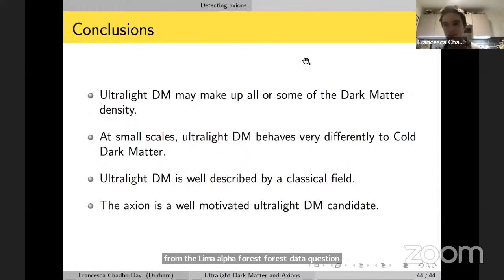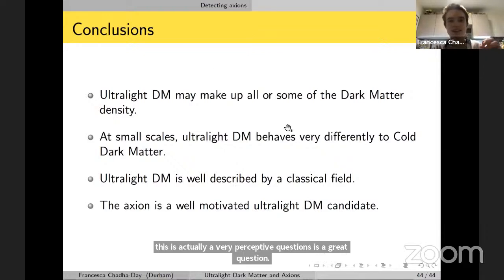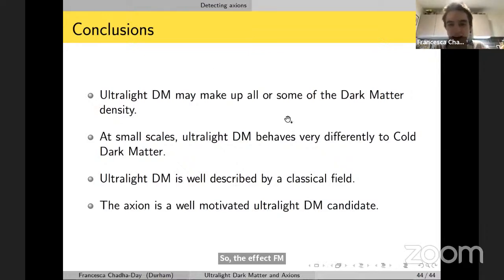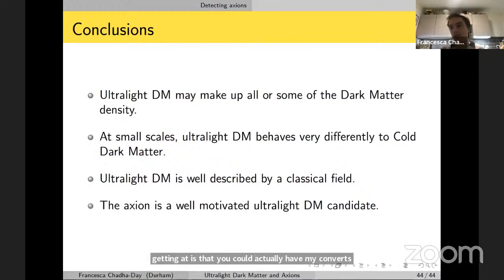Yeah, this is actually a very perceptive question. This is a great question. So the effect that, if I understand right, you're getting at is that you could actually have light that converts to axions and then converts back into photons.